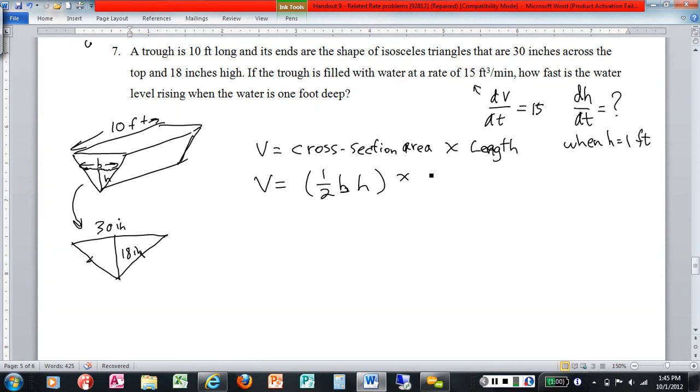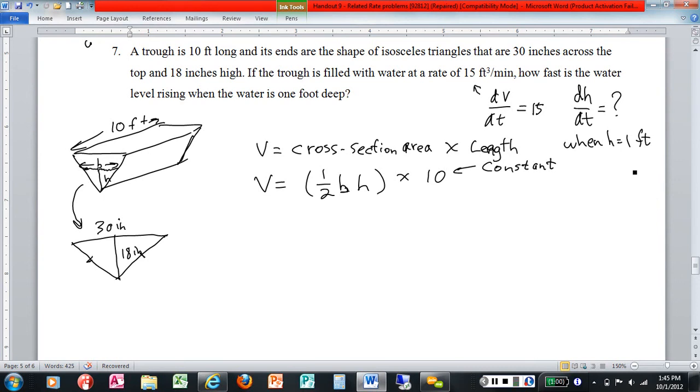You don't want to substitute values unless you've got a constant. The length is going to be constant no matter what water level you're at. Now, I'm wanting h as 1 foot, but can I substitute that in yet? No, because the height is what's varying, so I don't want to substitute the height here.